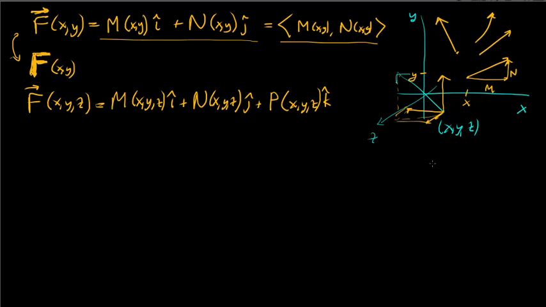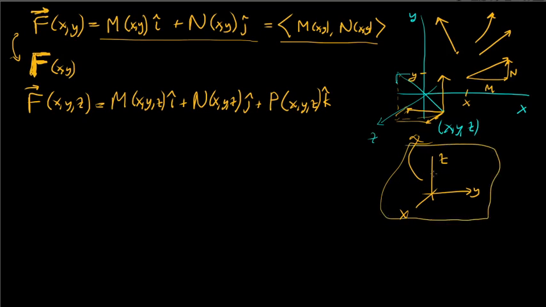Although I know we usually put the z-axis vertical, and then this is the y-axis, this is the x-axis, it's still a right-handed system, so it doesn't matter. A lot of physics books like to use the z-axis coming out of the board, but in our usual way to represent space, we do the z-axis vertical. Okay, so these are vector fields in general.